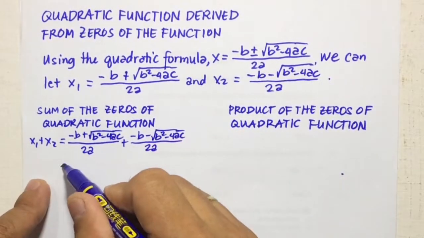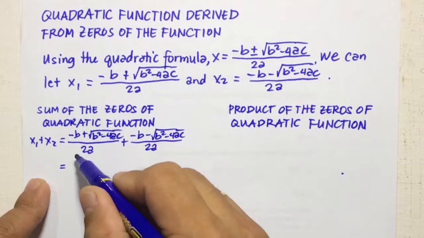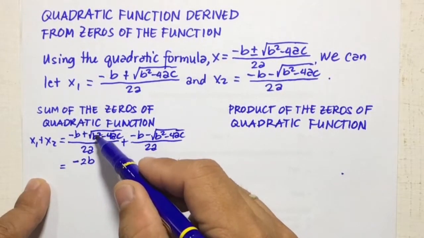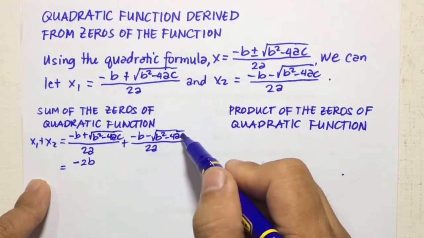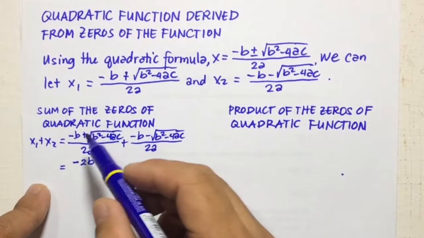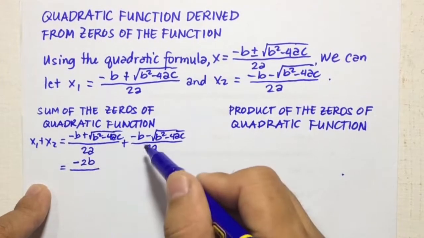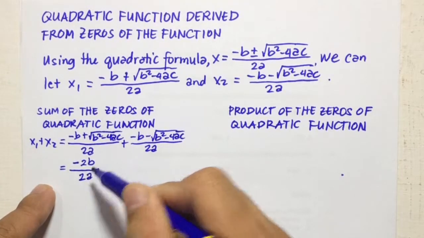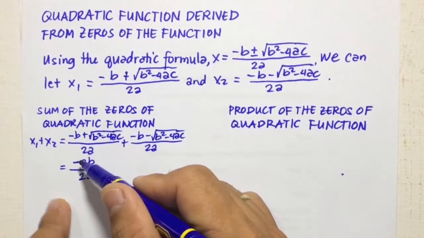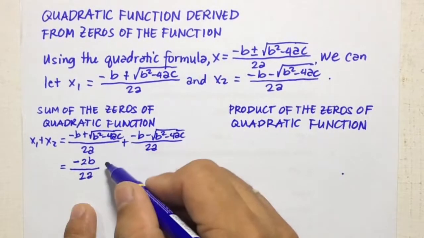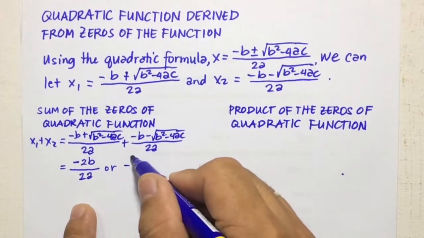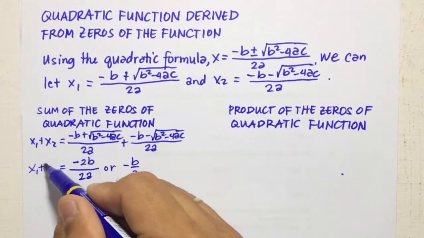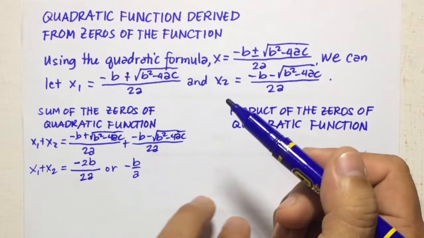Then solving this, we have negative b minus b, that will be negative 2b. Then square root of b squared minus 4ac minus square root of b squared minus 4ac, that will be 0. Then the denominator 2a, you will just copy it. This is over 2a. Then simplifying this, we have negative b over a. So this is the sum of the zeros of the quadratic function.